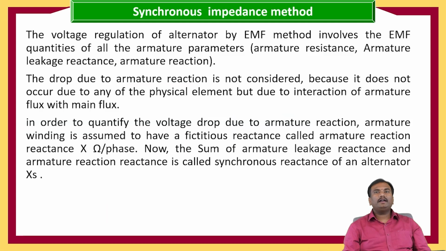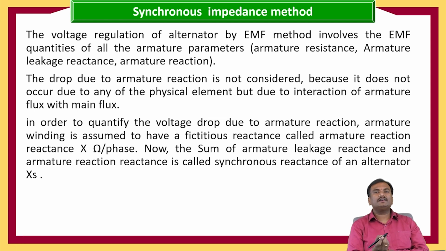And in order to get this Xs value, we are going to do some tests on the synchronous generator. The two tests we have to do are the open circuit test and the short circuit test.